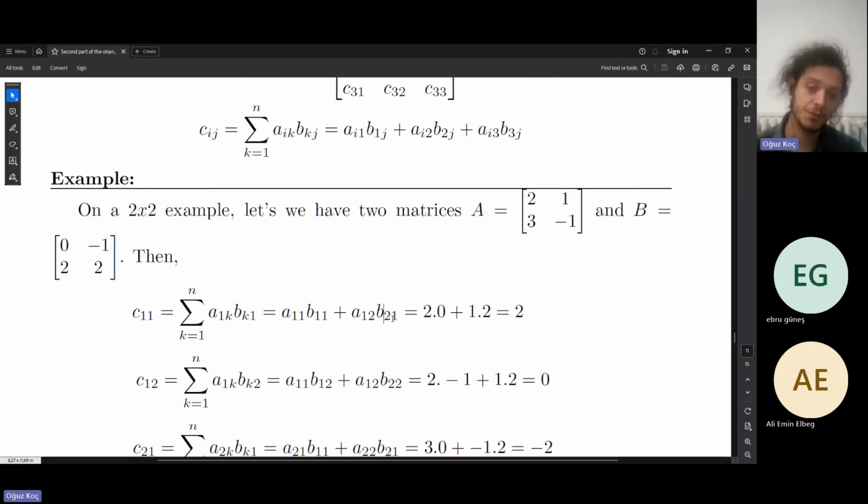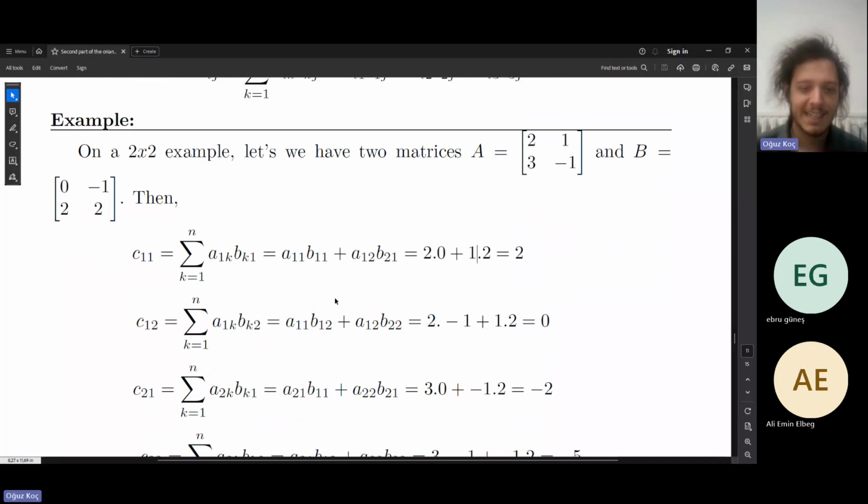And the second row and first column value of B is equal to 2. Therefore, we multiply them, and finally it is equal to 2. We found that the 11 element of the C matrix is equal to 2.